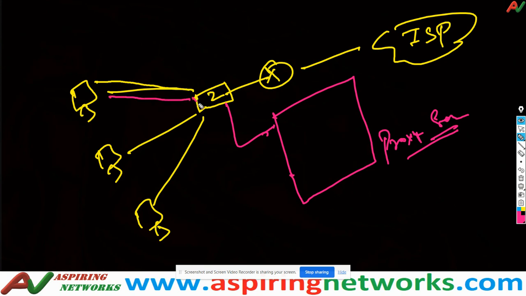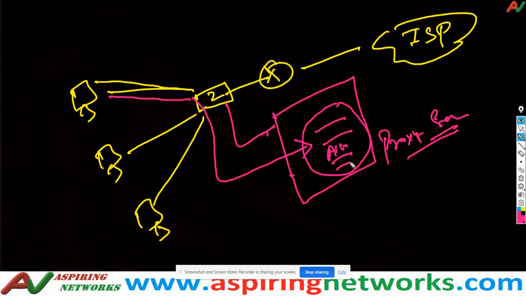The switch will forward the traffic towards your proxy server, and the proxy server checks the policy, whatever you have set regarding destination IP or source IP, allow, deny, and whatever you want to do with that traffic. The proxy server looks at that traffic, checks the policy, and acts according to that.